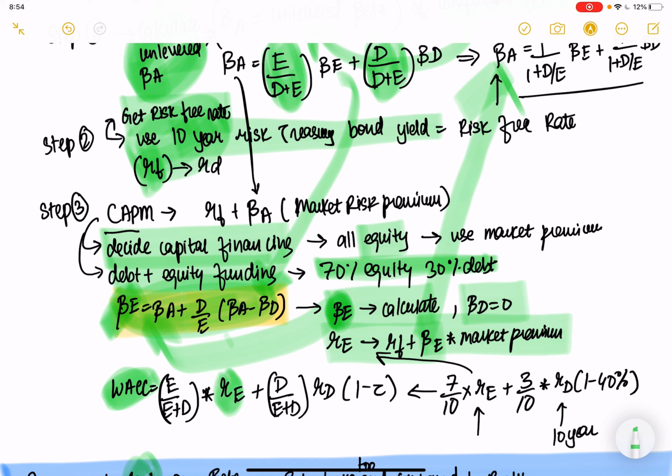So you have the cost of equity, we just calculated that. We know the debt and equity ratio, we know the tax percentage, and we can easily calculate the weighted average cost of capital for this new investment that you're trying to get into.